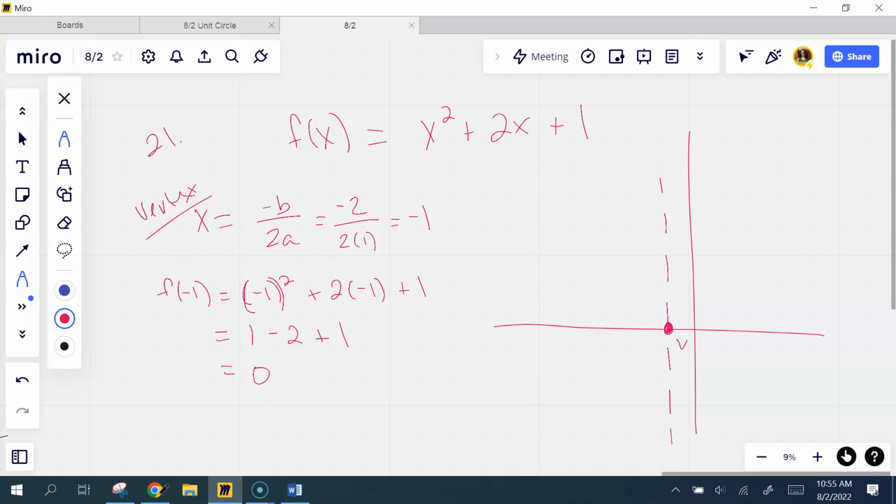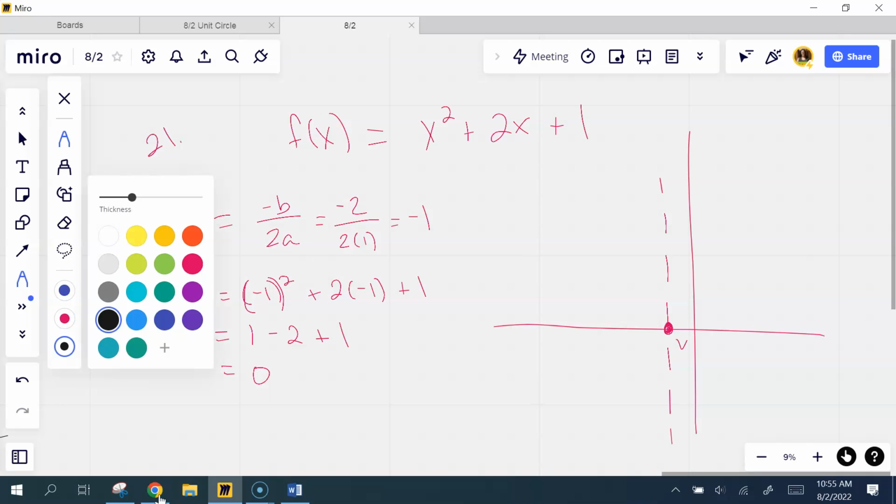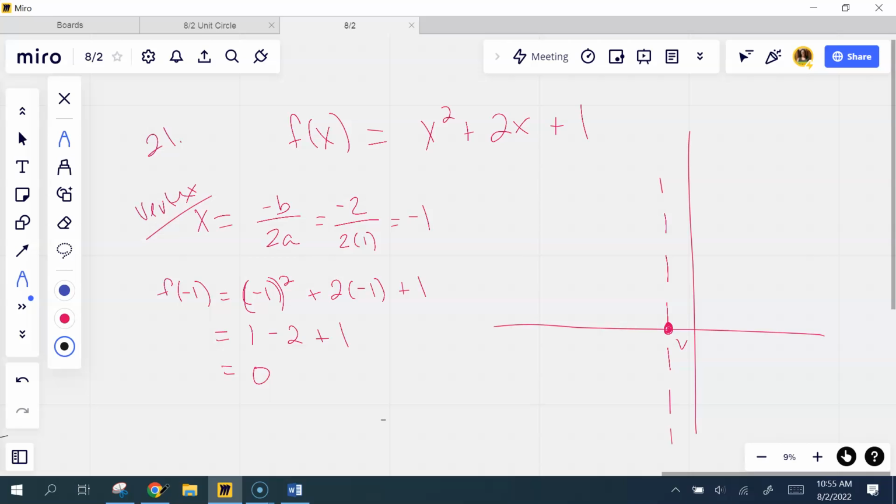Now we need an easy point. That's exactly right. I'm going to use the Y-intercept here because it's a pretty easy Y-intercept to use, right? Can't get much easier than 1. So I'm going to go ahead and put that on my graph as a Y-intercept of 1. And now what do I do?